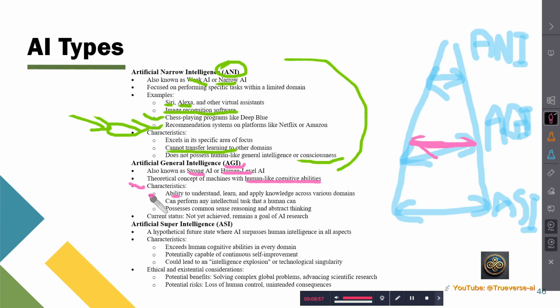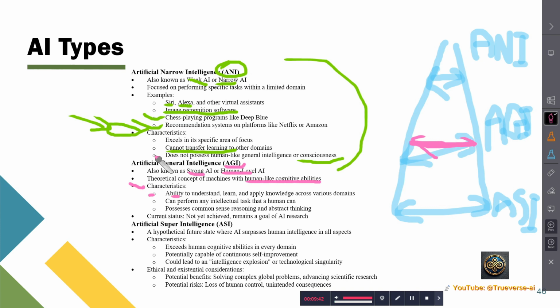General intelligence would possess common sense, reasoning, and the ability to abstract ideas, and do human tasks. This is a very important point, much like how humans can apply logic and reasoning to different situations.